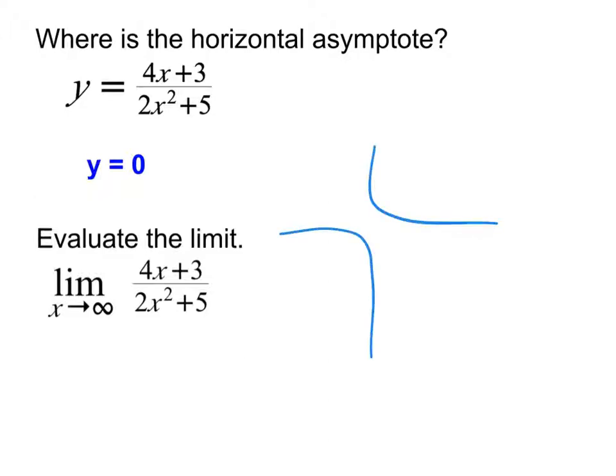I'm looking to see what it's doing as it heads out to positive infinity. Well, it's approaching its asymptote. And where is that asymptote? Zero. So the limit is 0. Because the limit as we approach infinity or negative infinity is the horizontal asymptote, if a horizontal asymptote exists.